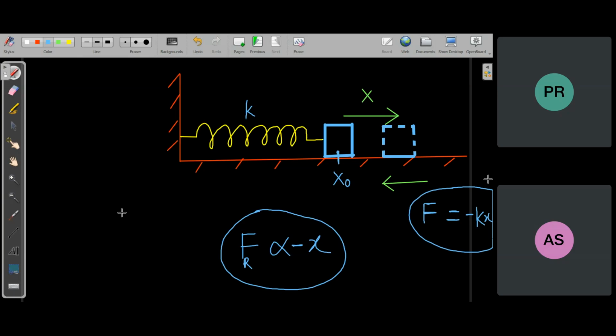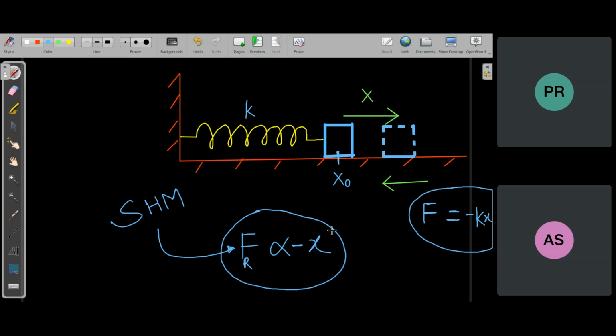So this is the governing equation of SHM. Every time you have to prove or find whether a motion is SHM or not, you will find the restoring force and see whether it is proportional to the displacement from the mean position.